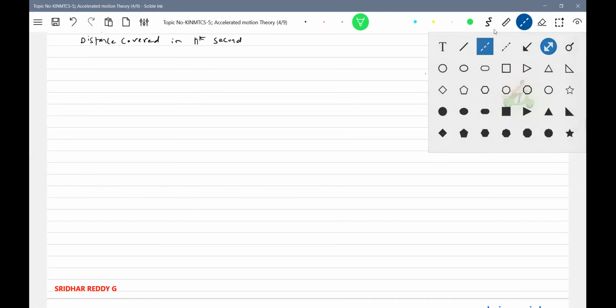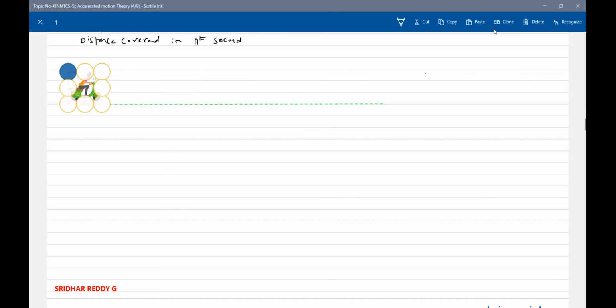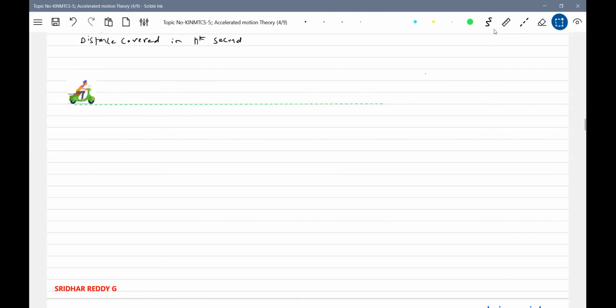Let me explain clearly. So this is the road we have. This person, he will start his journey with an initial velocity u at s equal to 0. This is the origin.